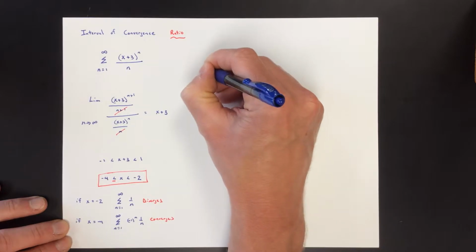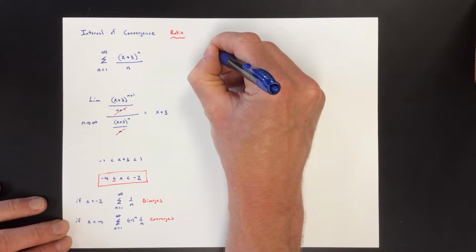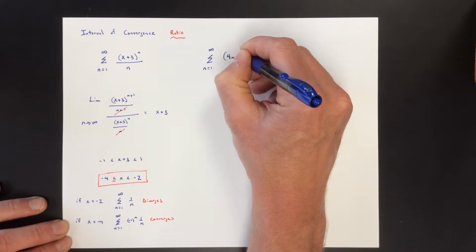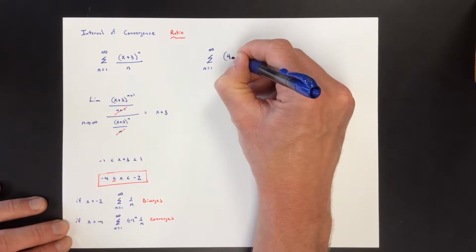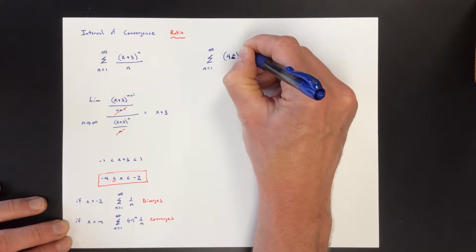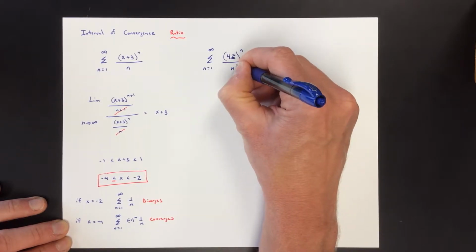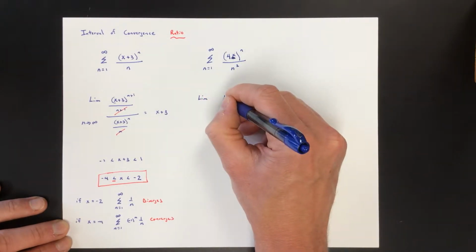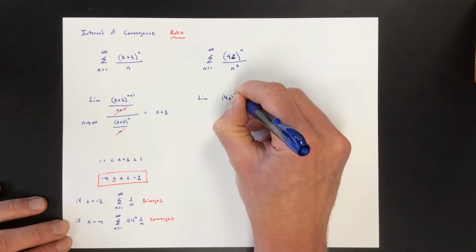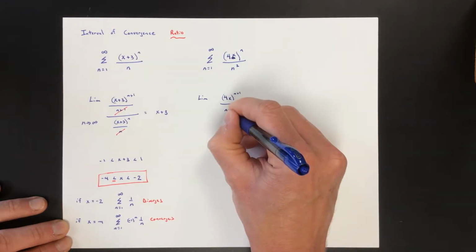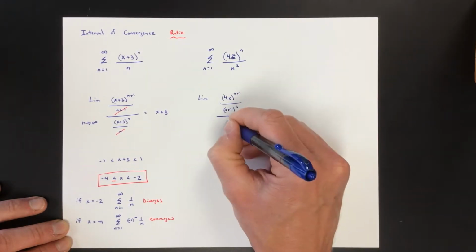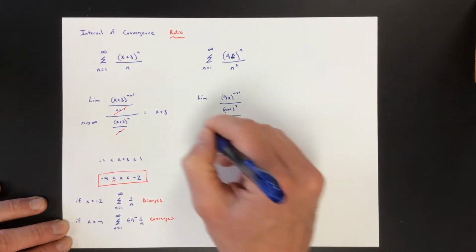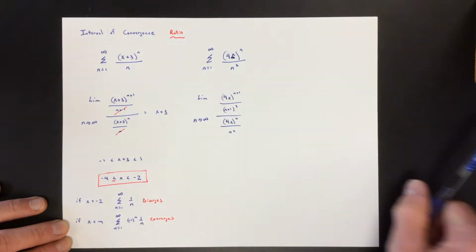How about the series from 1 to infinity of, I don't know, 4n. Oh shoot, not n. Silly. (4x) to the n over maybe n squared. Okay, let's do the ratio test. The limit of (4x) to the n plus 1 over (n plus 1) squared all over (4x) to the n over n squared, as n goes to infinity.